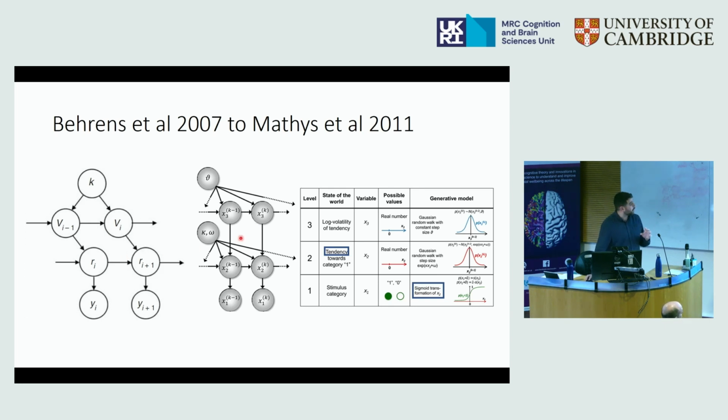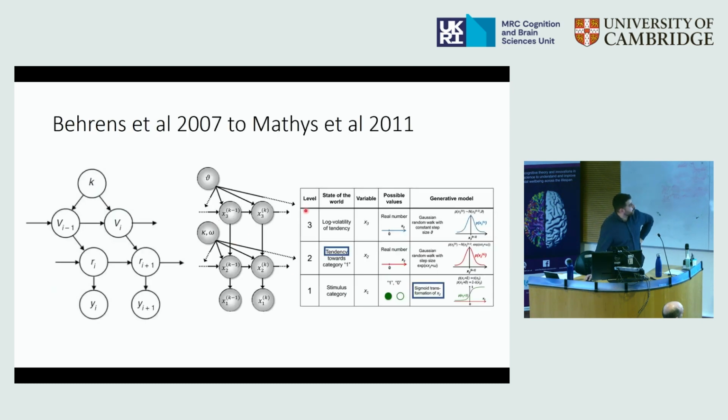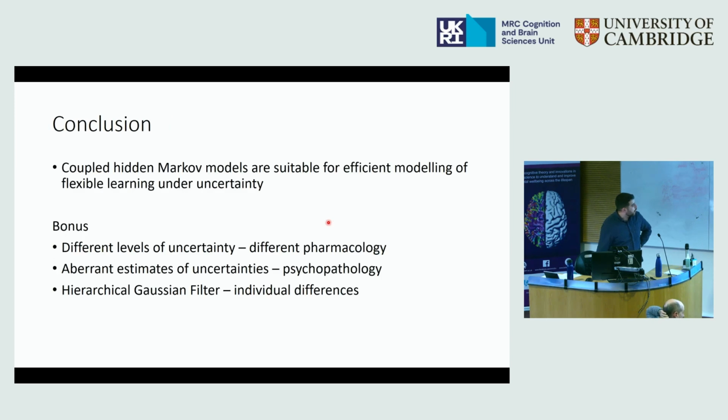So hopefully I've convinced you that for learning under uncertainty, in this case reinforcement learning under uncertainty, coupled hidden Markov models are the way to go. And the added bonus to using something like the hierarchical Gaussian filter is that we've got these different levels of uncertainty, and these uncertainties might map onto different pharmacological systems.